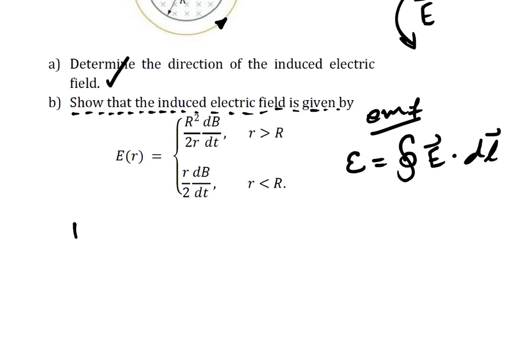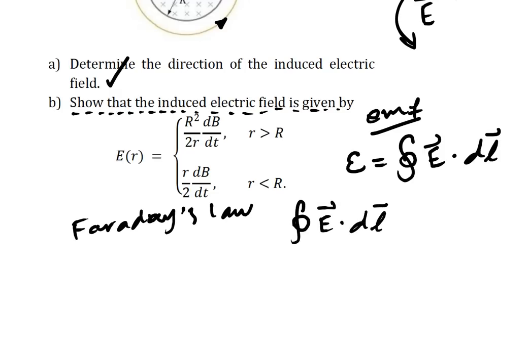From Faraday's law, we can write another form of Faraday's law as the integral of E dl equals minus d phi by dt.